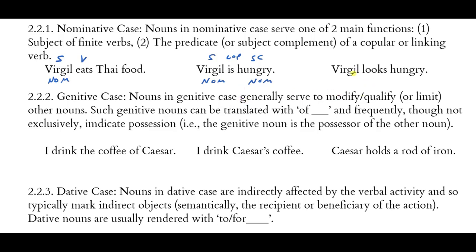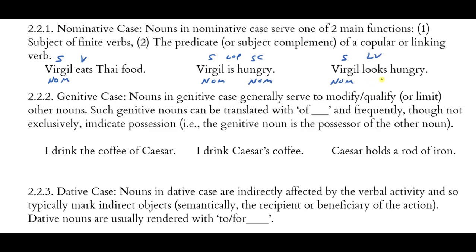Now, in this last example, Virgil looks hungry. Virgil is still the subject, and he would still be nominative case. Now, the verb looks is strictly speaking not a copula. Okay, I'm not saying that Virgil is hungry per se, but he certainly looks hungry. This is what's often described as a linking verb, and I'm going to put LV here just as an abbreviation.